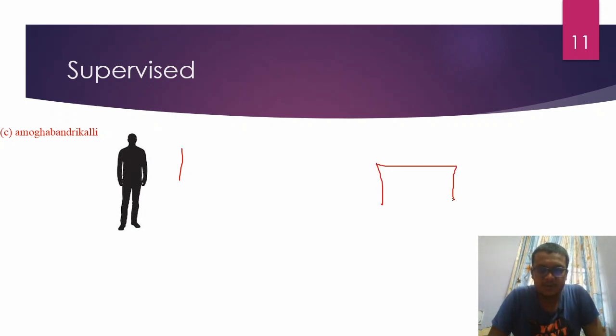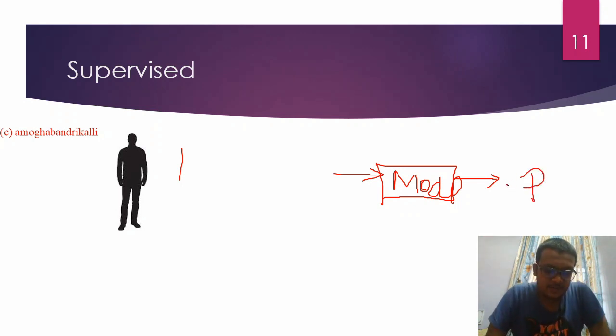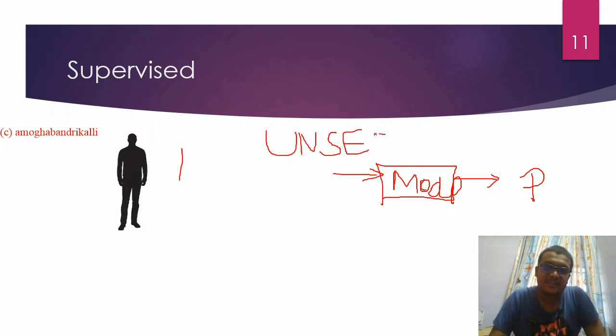So we are going to learn how to create a model that can combine input to produce a prediction, even on previously unseen data. Unseen data means new data which has not been available in training, testing, and validation.